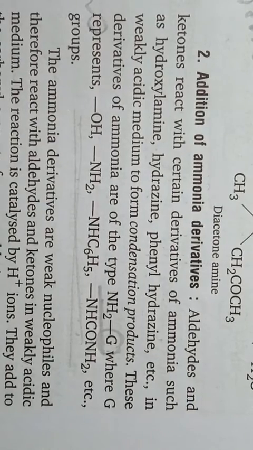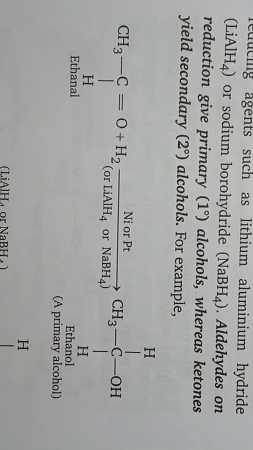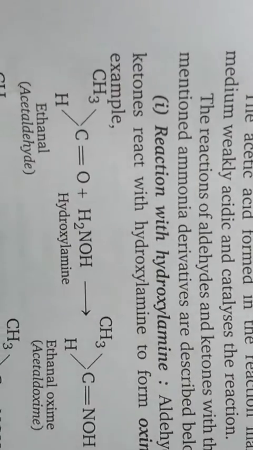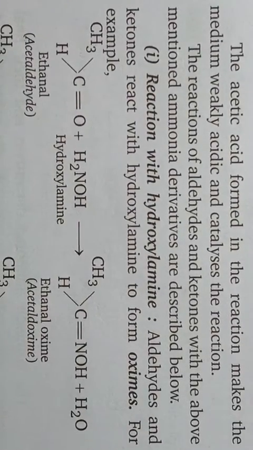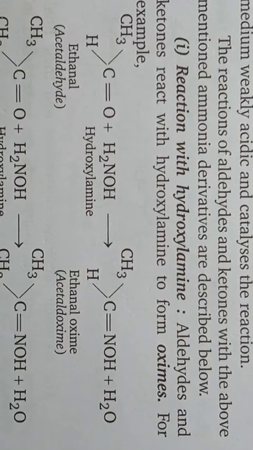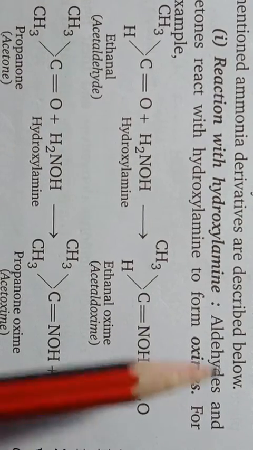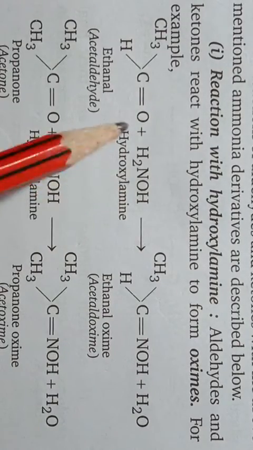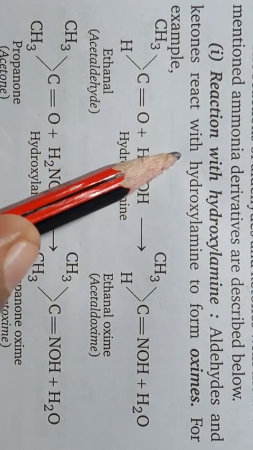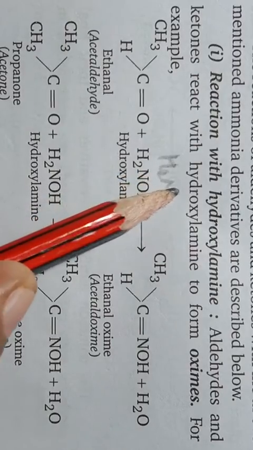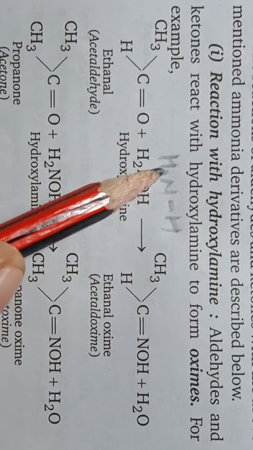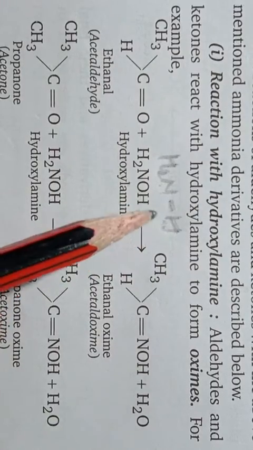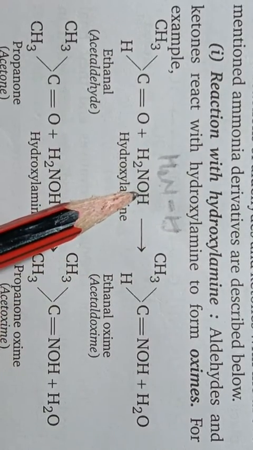Okay students, so we are moving to the next type of reaction, and the first reaction is with hydroxylamine. This is the formula of hydroxylamine. In hydroxylamine, one hydrogen of ammonia is displaced by an OH group.